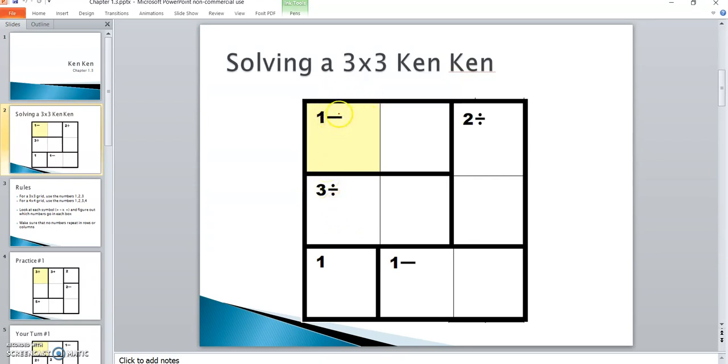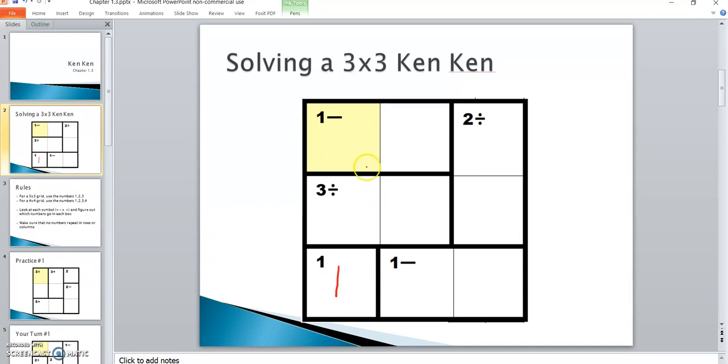So what's going to happen is we are looking for two numbers that when we subtract them, we get 1. Or for this rectangle, we're looking for two numbers that when we divide them, we get 3. And you'll notice in this one, there's just a 1 there, and it's just a single box. So we know that this one is the number 1.